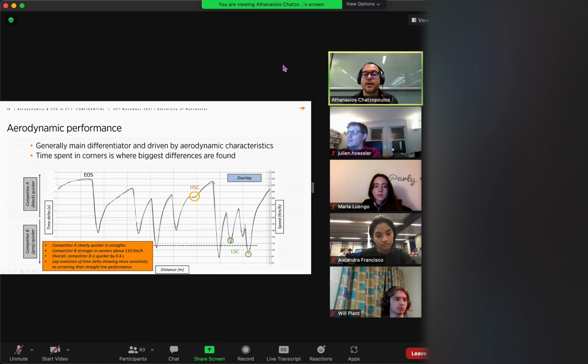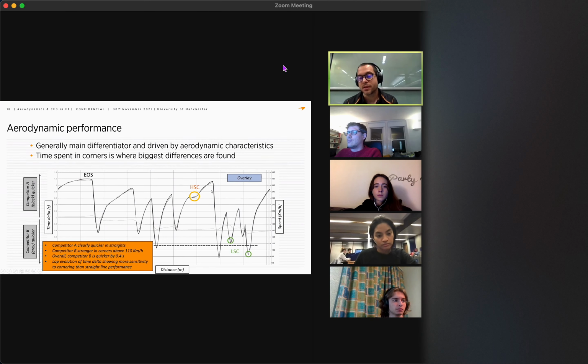And although your competitor A in all straights is quite faster, you will see that eventually competitor B is 0.4 seconds faster than competitor A. And this highlights the importance of different states towards your overall time.